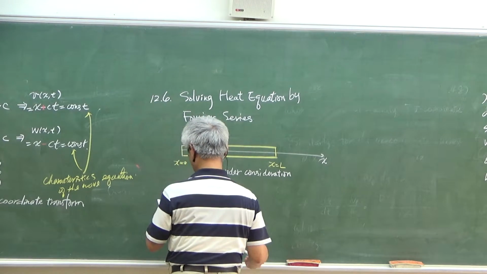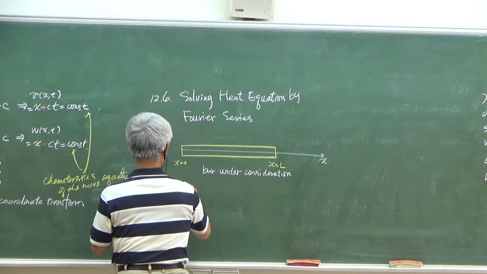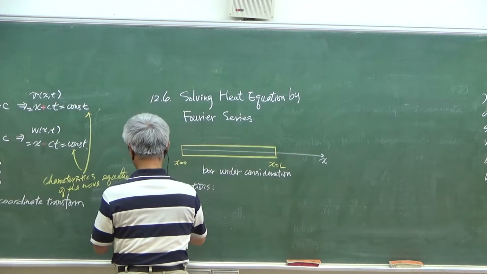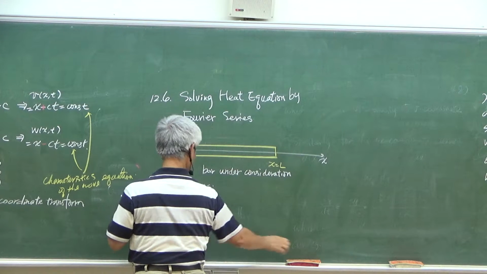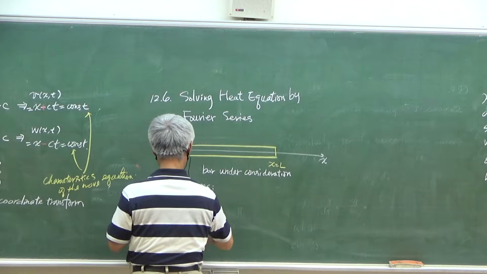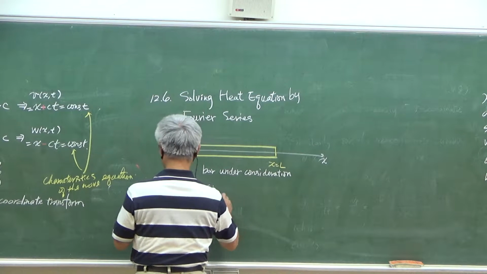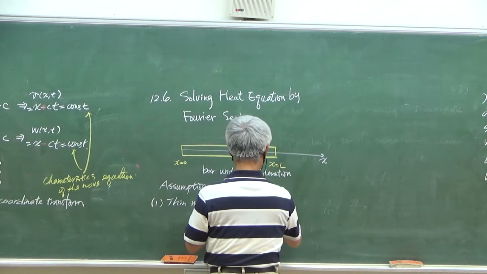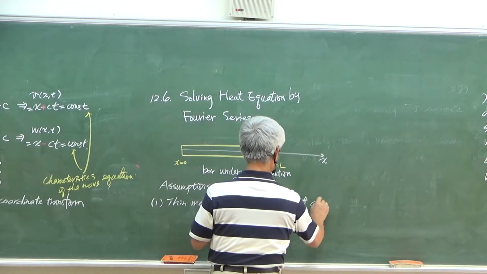Okay, and we have assumptions. One, that we have a thin metal bar or wire of constant cross section.